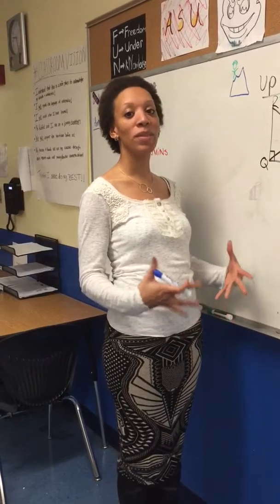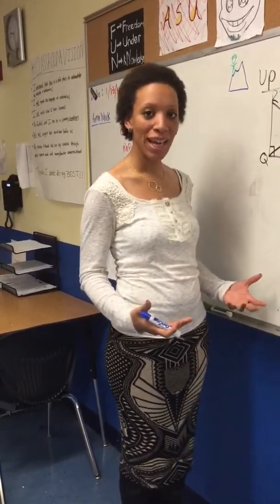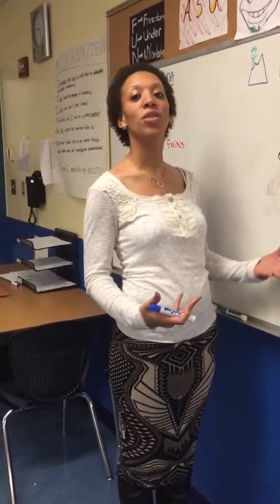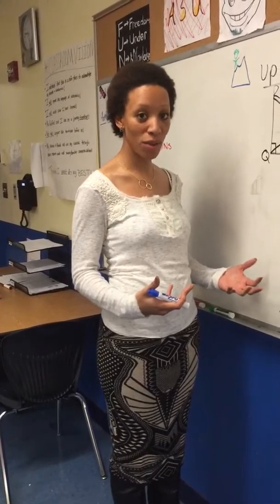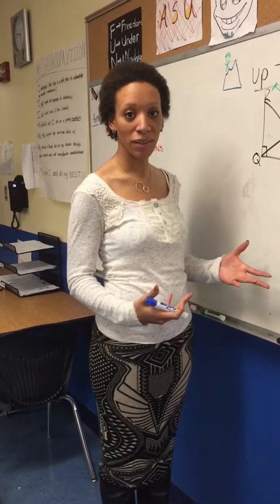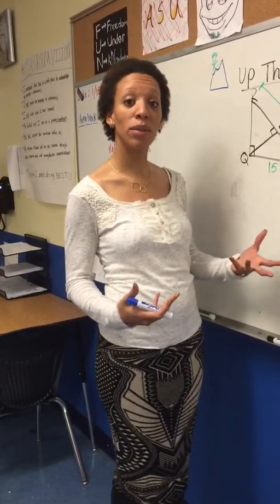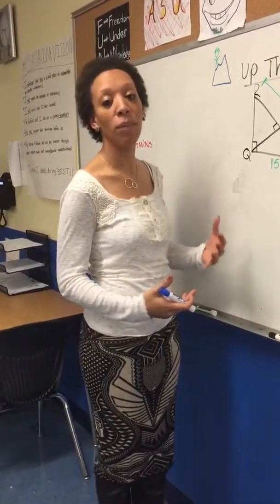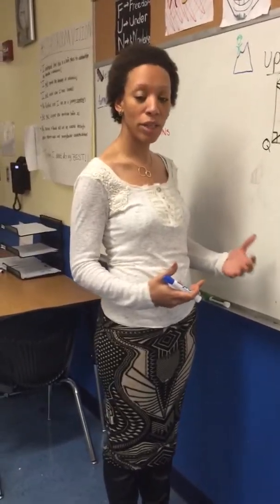So in class, we've been talking about geometric mean, and now we are relating that to right triangles. As you know, we are given two positive numbers, and with those we can set up a proportion to find the geometric mean.